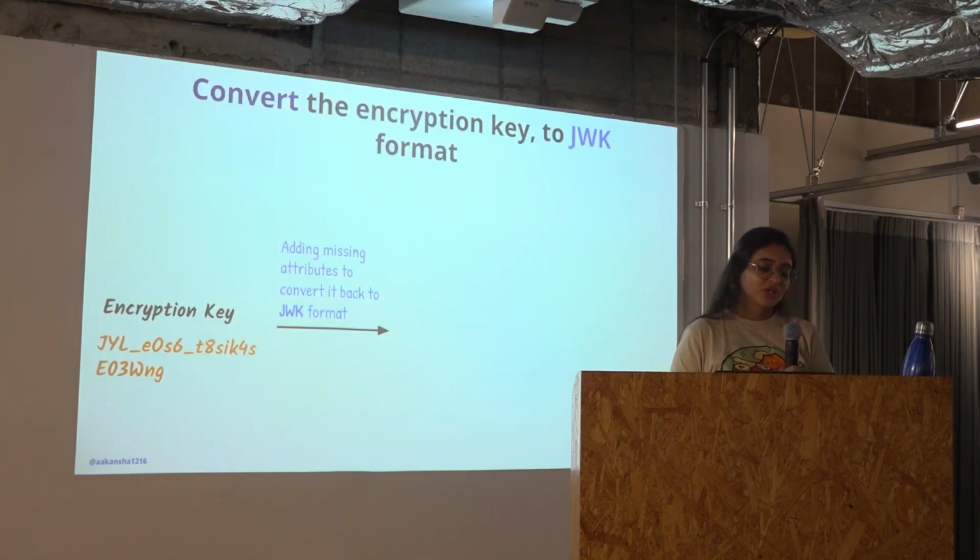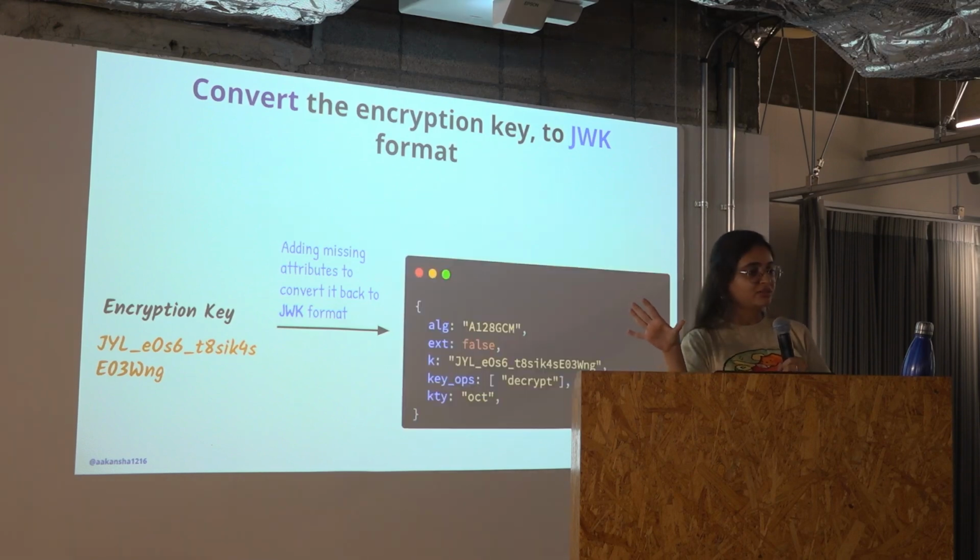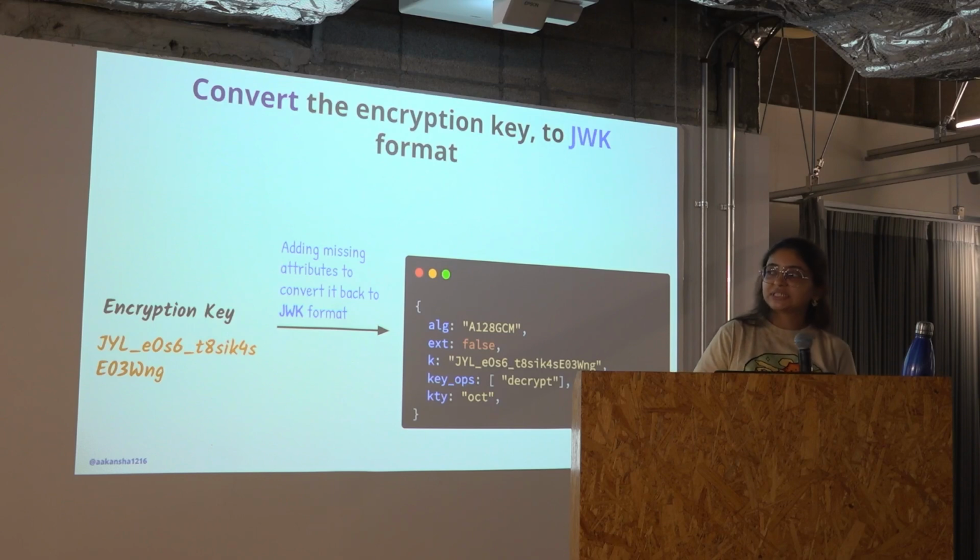So what we do is we just add the missing attributes. This was the K attribute if you remember. We just add the missing attributes and convert it to this JWK format so that it looks like the JWK format. In this case, if you notice, the extractable parameter is set to false because now I don't need to extract the bytes anymore once the decryption is done, and the operation is just decrypt.